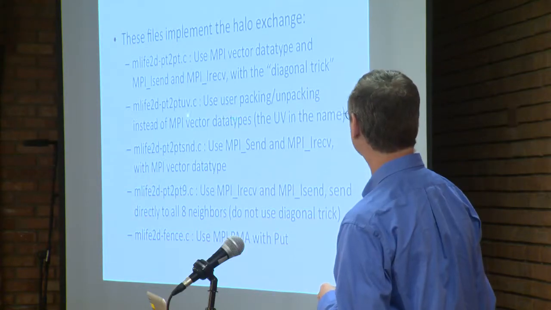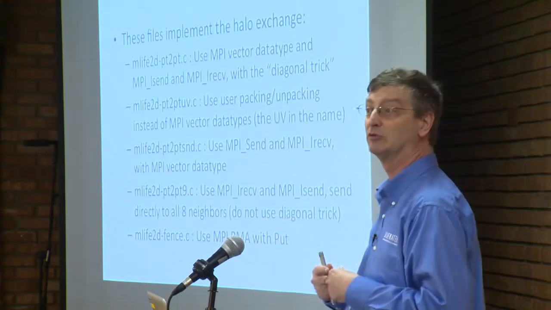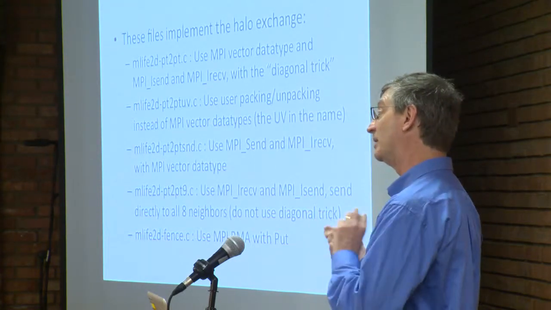Okay, and so there's an example here that does not use the data types. So user vector here. So you can see which one's better. And this may be important as you're looking at optimizing real codes, because done well, using the MPI data types can give you a significant performance advantage.